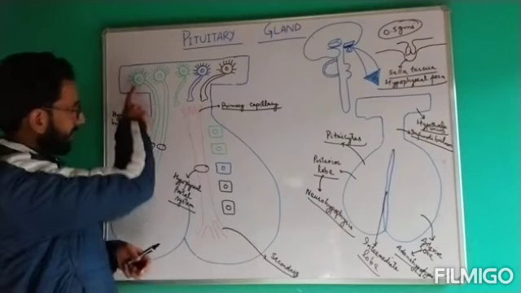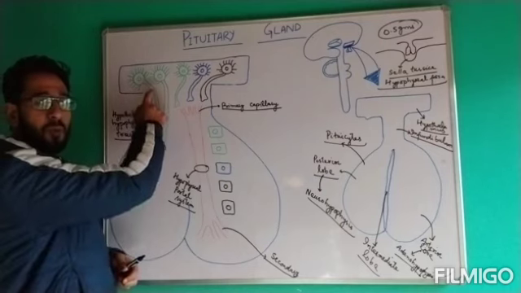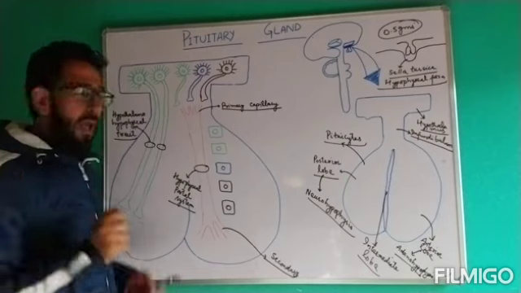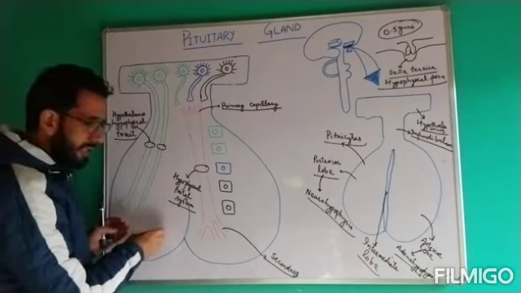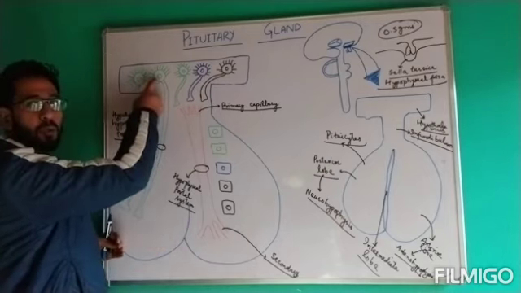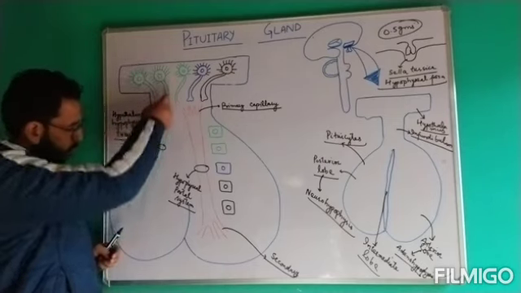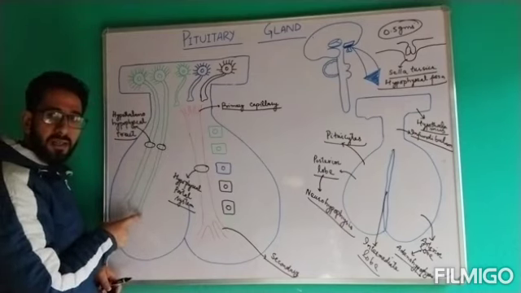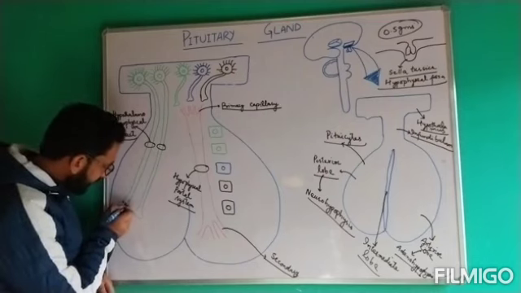Okay, we have seen here that the cell bodies are present in the hypothalamus, then these axons from those cell bodies are coming down into the posterior pituitary. Now those hormones which are secreted by this posterior pituitary are actually synthesized here in the hypothalamus. Then they are sent down through axonal flow, through these axons, down into the axon terminals, and they are stored in the axon terminals in the form of vesicles.